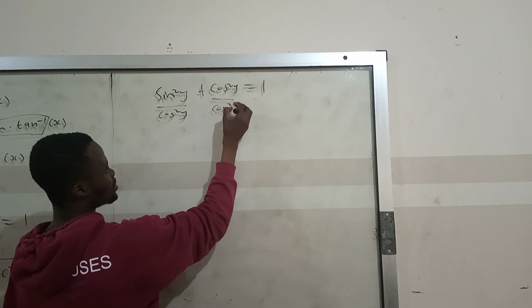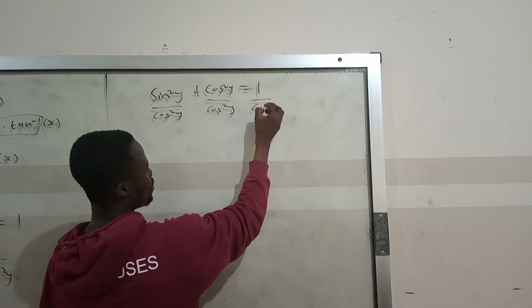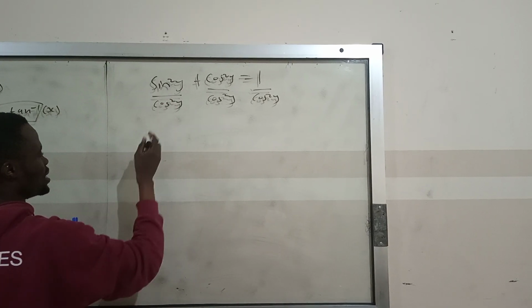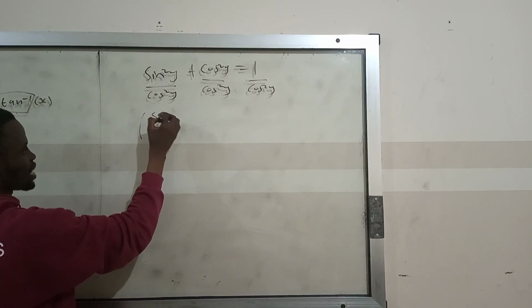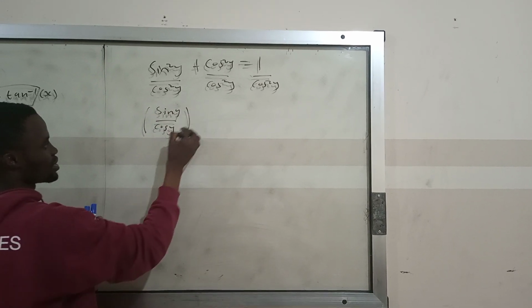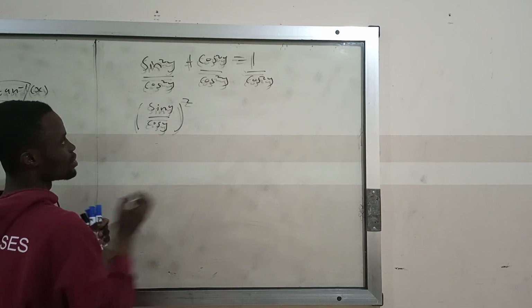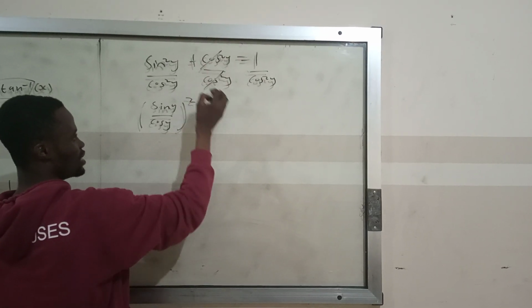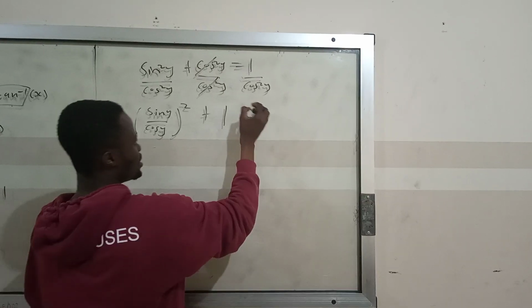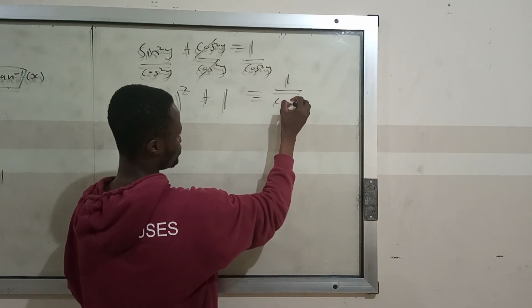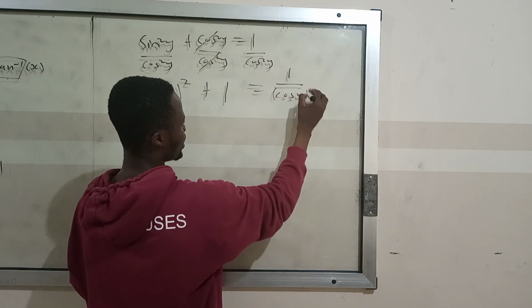This one is the same as sin y over cos y all squared, plus, this one will cancel itself and will be 1. So here is 1, and here you have cos y all squared.